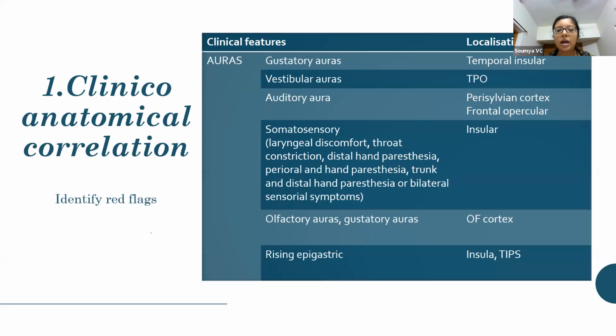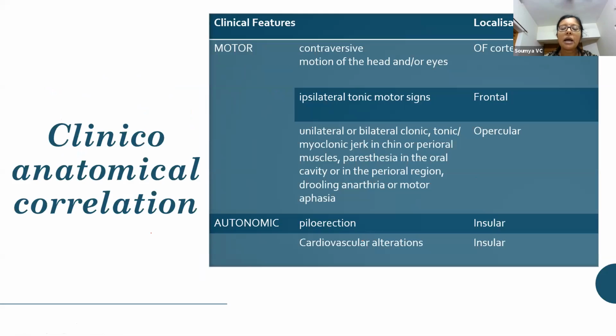a temporo-insular subtype. The presence of vestibular auras, like a rotatory feeling, will point towards a temporo-parieto-occipital subtype. Presence of auditory aura points towards a temporo-perisylvian subtype, and presence of olfactory auras to a temporo-frontal subtype. Among the motor manifestations, contraversive head or eye deviation and ipsilateral tonic motor signs will point towards a temporo-frontal type.